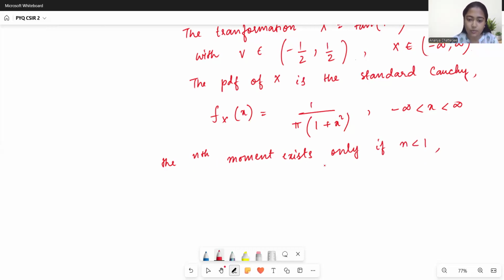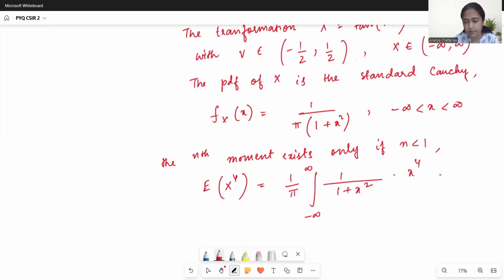So here expectation of x to the power 4 is equal to 1 by pi, integral from minus infinity to infinity of x to the power 4 by 1 plus x squared dx, right?